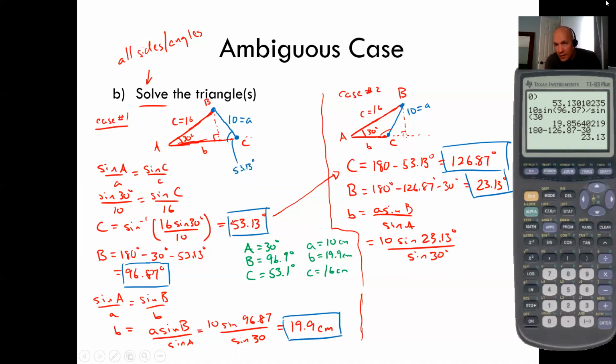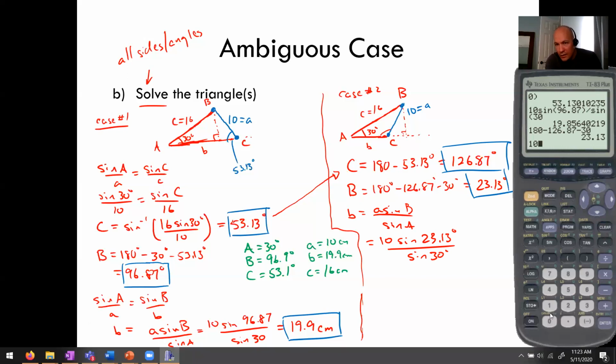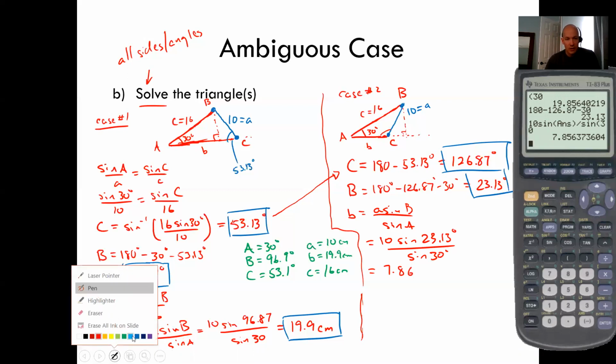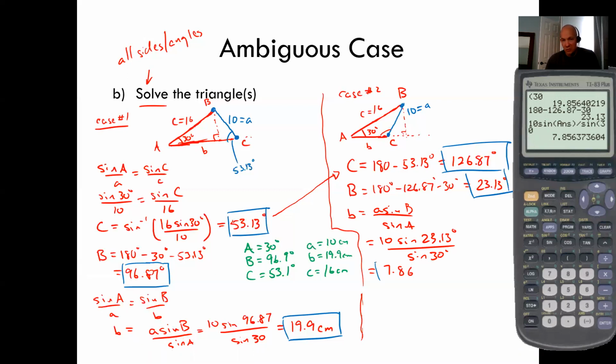So we'll go 10 sine, I'll just use the answer, because that's 23.13, and then we'll divide by sine 30, and of course I could just divide by 0.5 because that's what sine 30 is, but anyway, we'll get a 7.86 kind of deal.